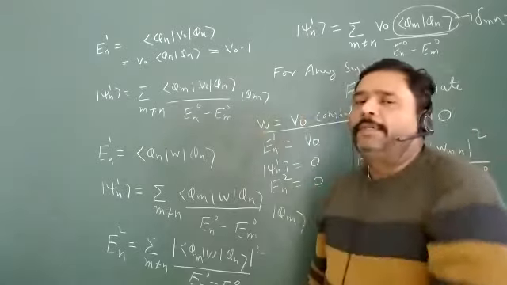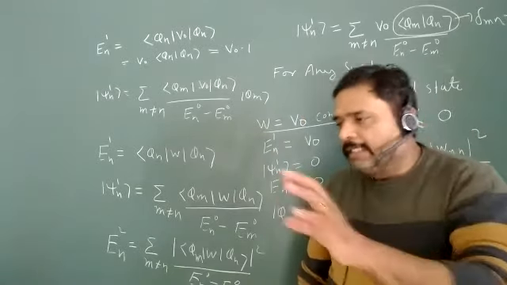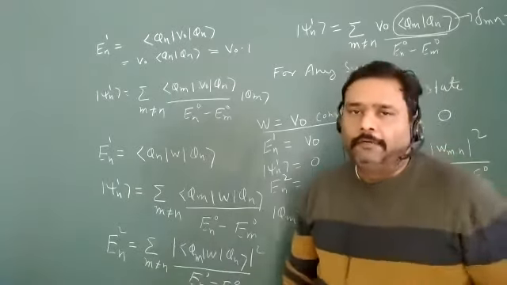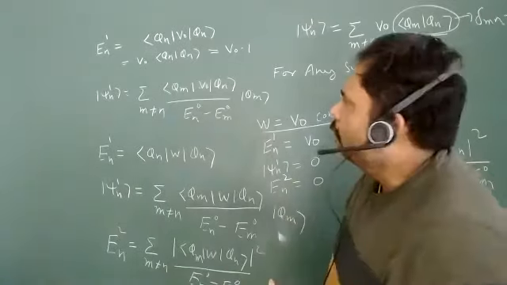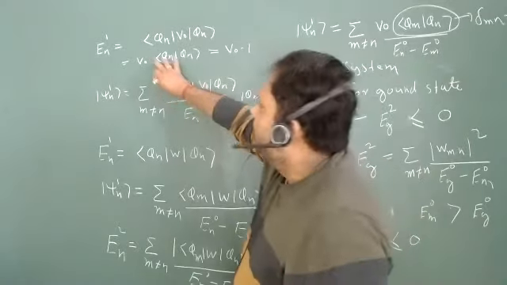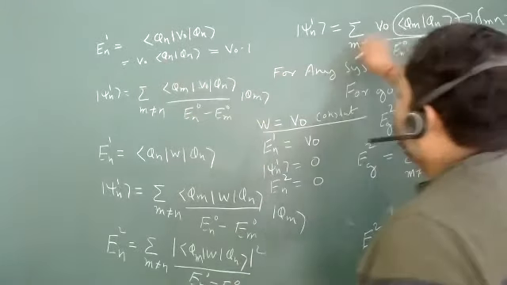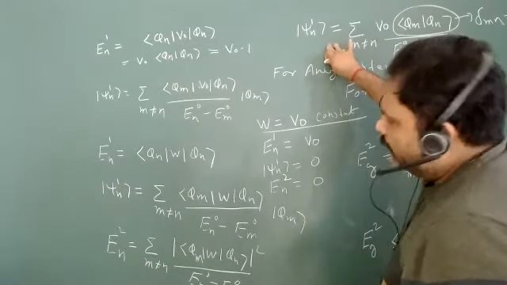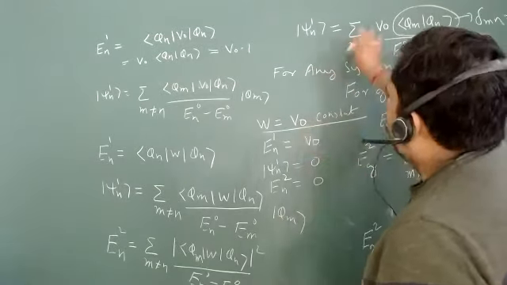If you are giving the constant perturbation, if you are disturbing it with the constant value, you will get a constant change in first order, but first order wave function correction and second order energy correction are zero.